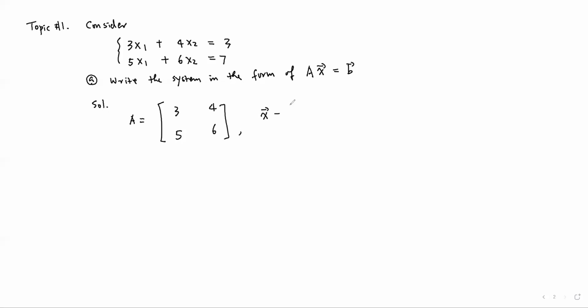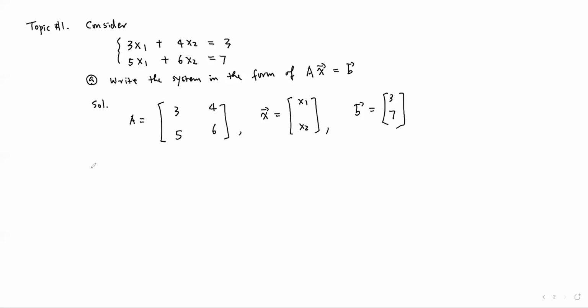The unknown vector consists of the 2 unknowns, x1, x2. The right hand side vector consists of the numbers on the right hand side, 2 and 3. Then this is A, this is X, this is B. This equation is this linear system.